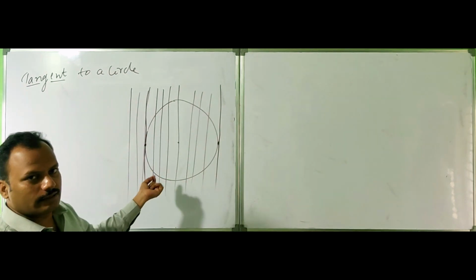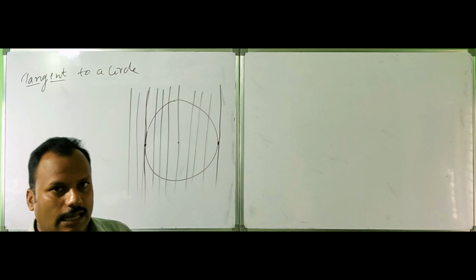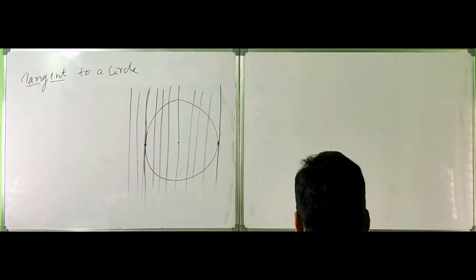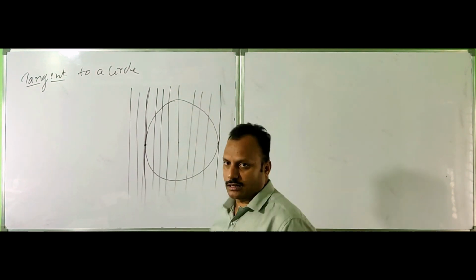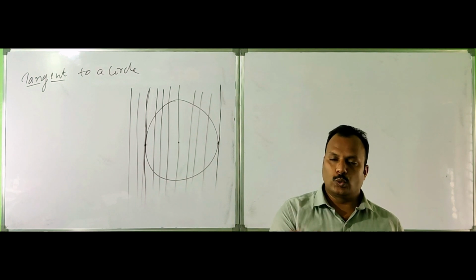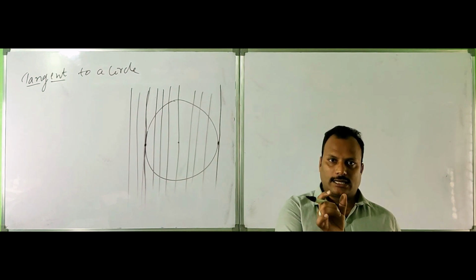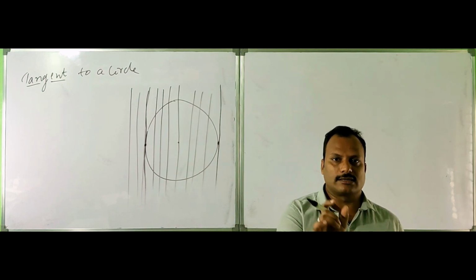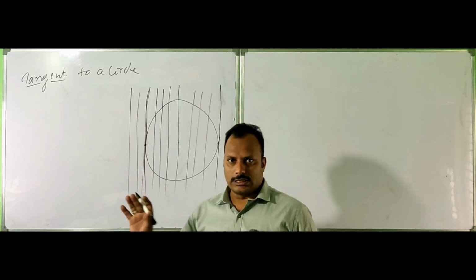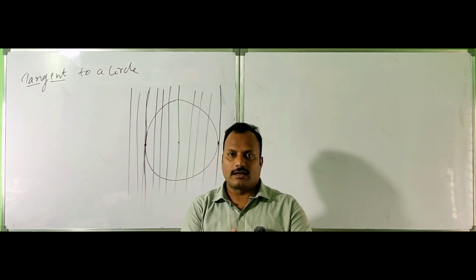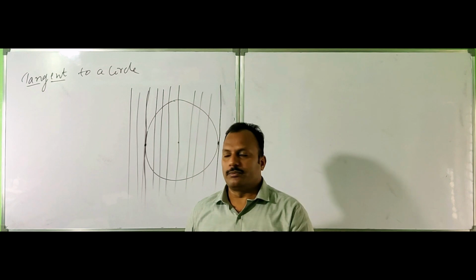Tangent is also a special case of a secant, not a chord, where the two cutting points, the points where the line cuts the circle, move in such a way that the two points become a unique coincidence, one point.